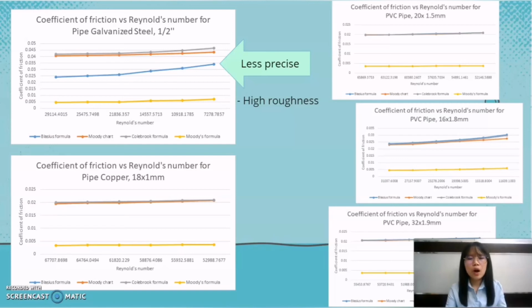From the graph, we can say that Blasius formula is only suitable to be used in smooth pipe calculation, and it is less precise for high roughness pipe.